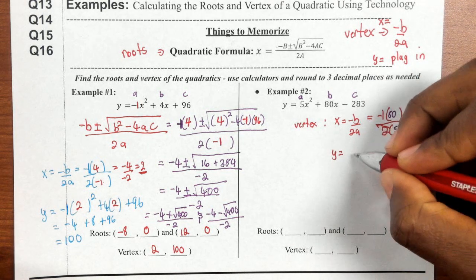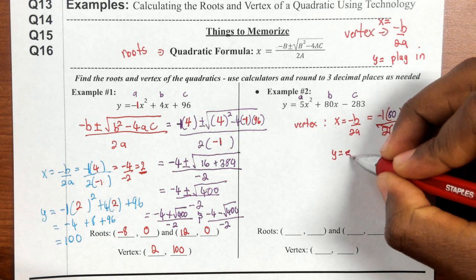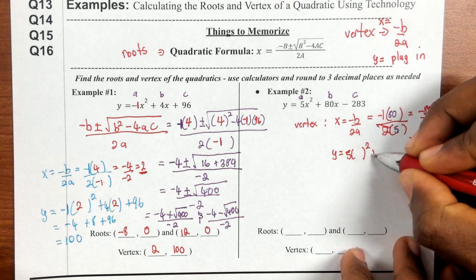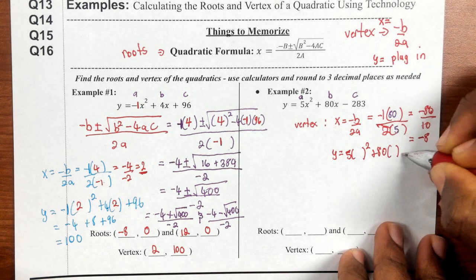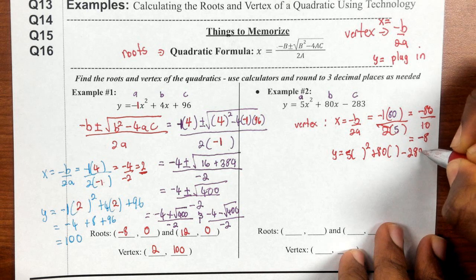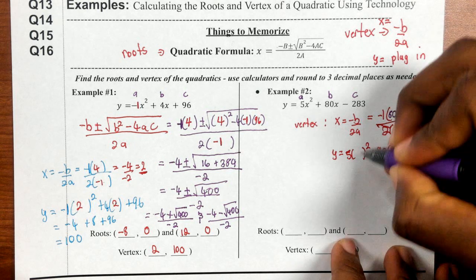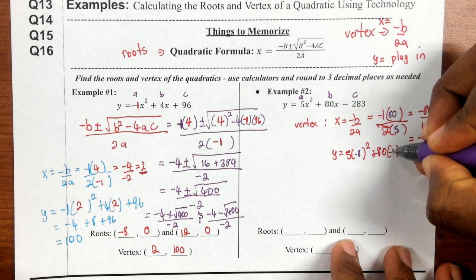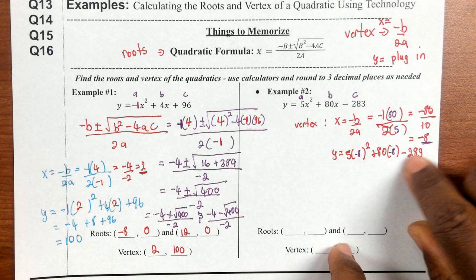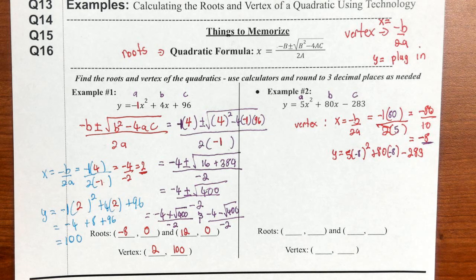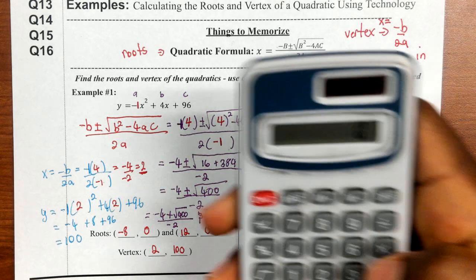So I would have 5 parentheses squared plus 80 parentheses minus 283. And what's going to go inside of the parentheses, guys? The negative 8. You can put all this in the calculator and let it calculate it for you. I'm going to use my mini calculator.